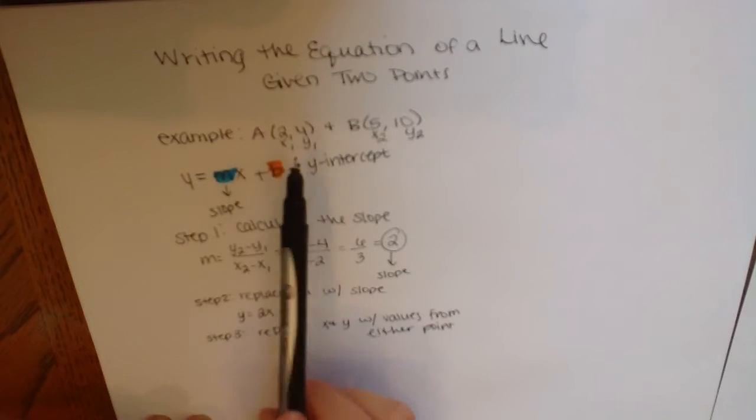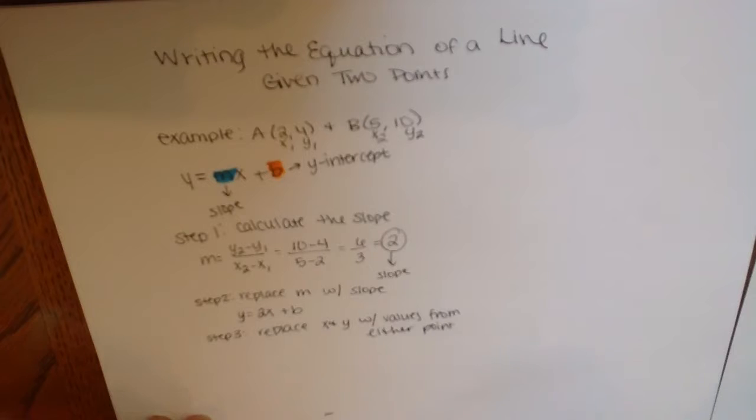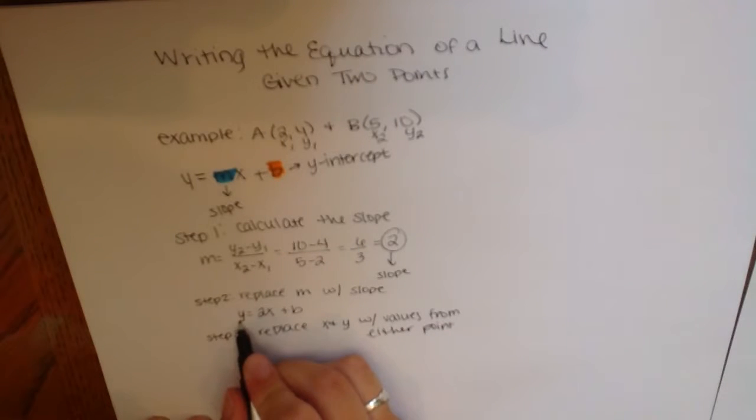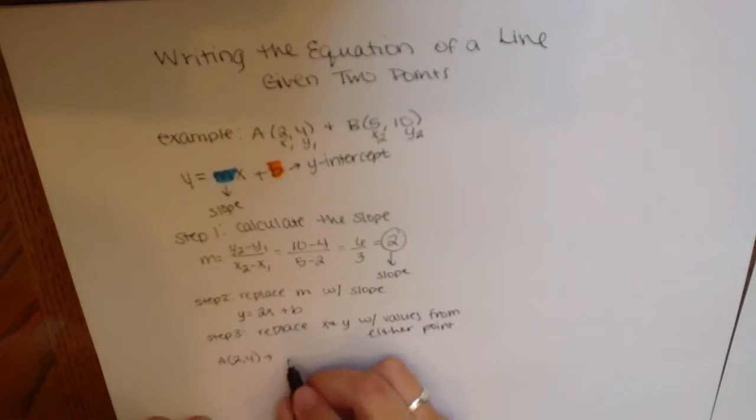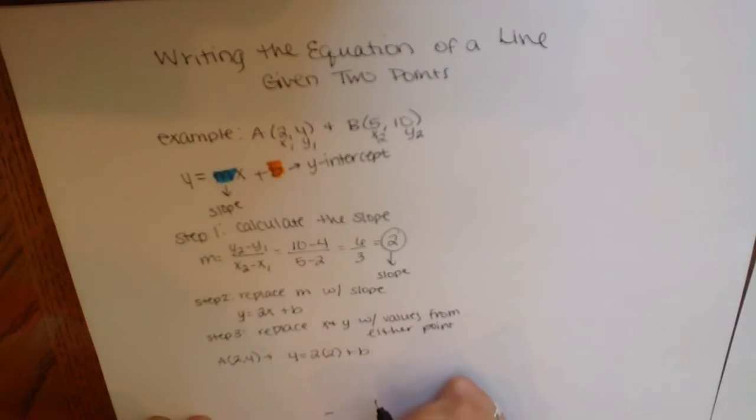You have to take either point A or point B. So I'm just going to pick point A. So instead of y, I'm going to replace it with 4. So 4 is equal to 2, my slope, times x, which in this case is 2, plus b.